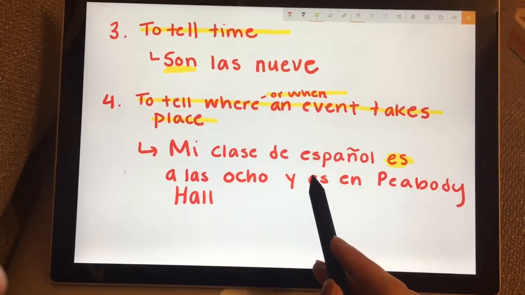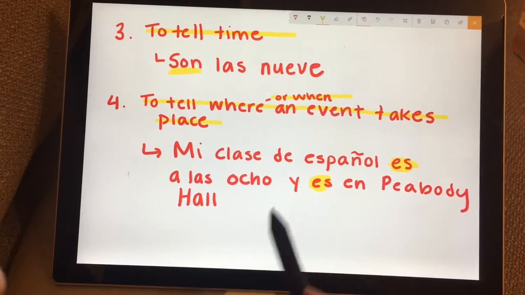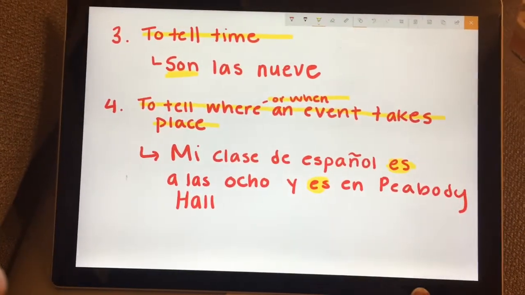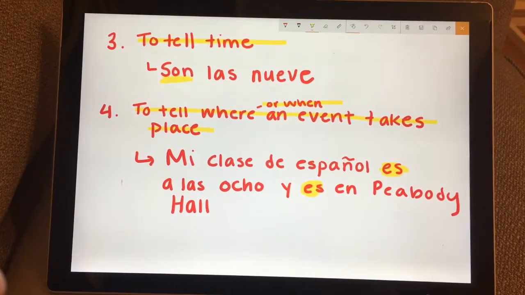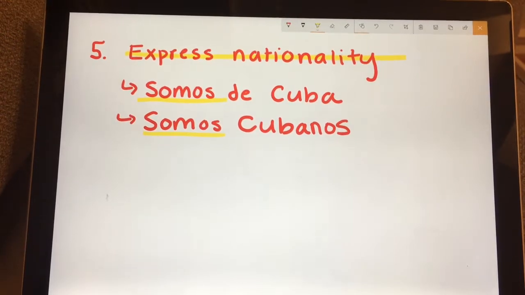And I'm using the verb ser, conjugating it to es again here when I am telling the person where that event is taking place.